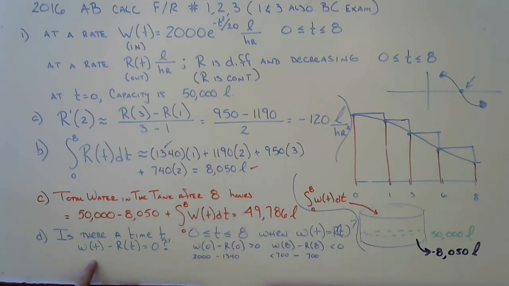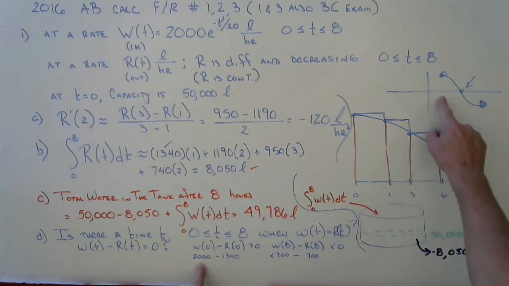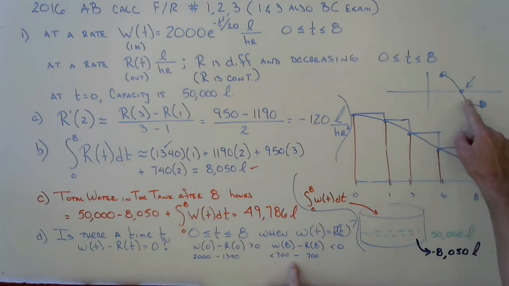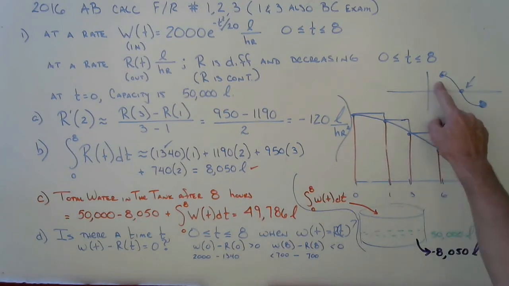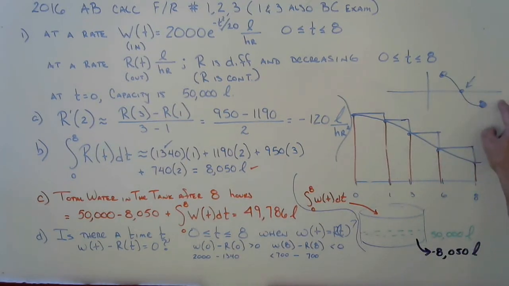It actually goes back to pre-calc. Then we find out that the function is positive at 0 and negative at time 8. So since it's gone from above the t-axis to below the t-axis, it had to cross the t-axis. Therefore, yes, there is a place.